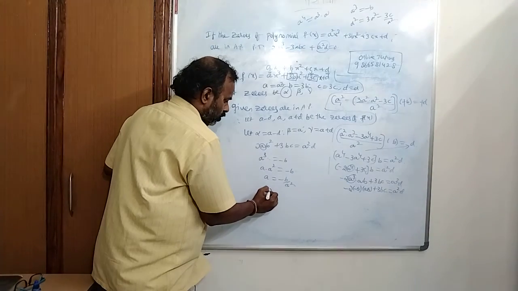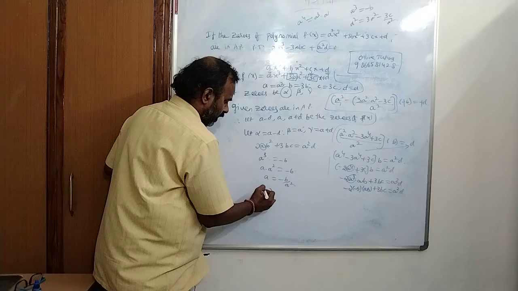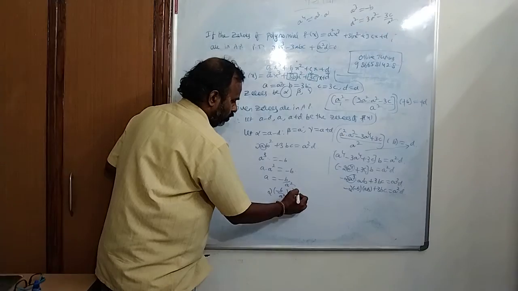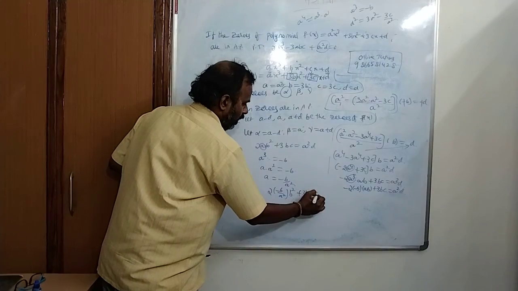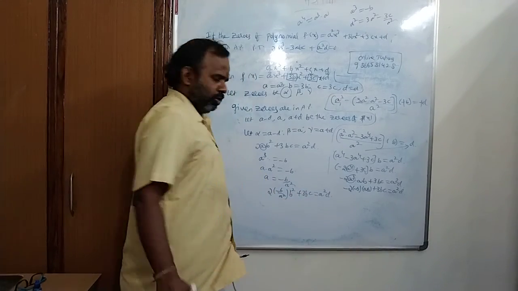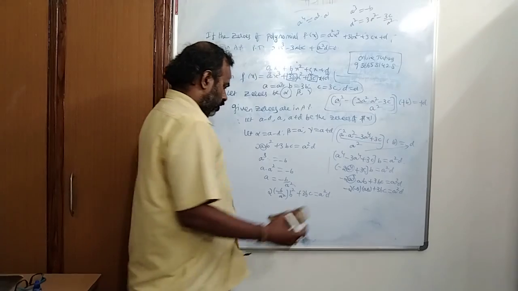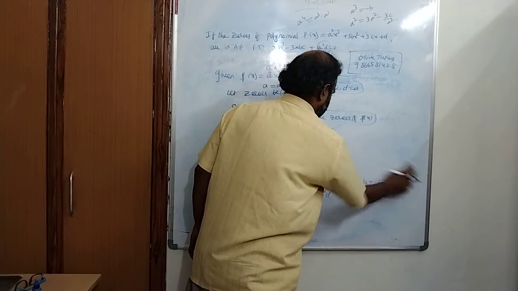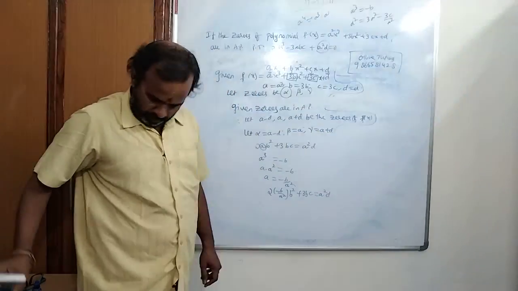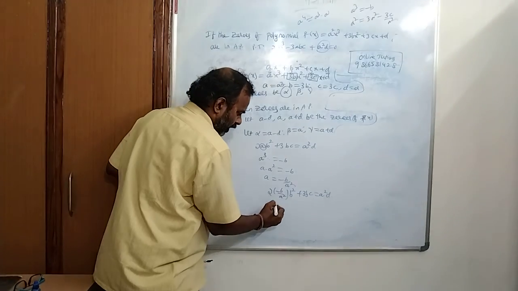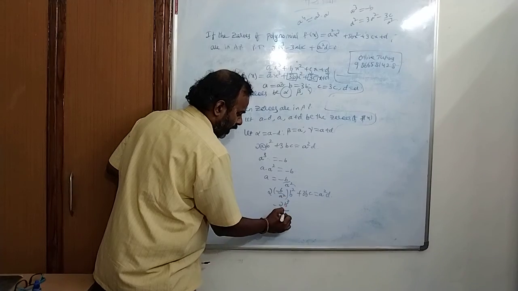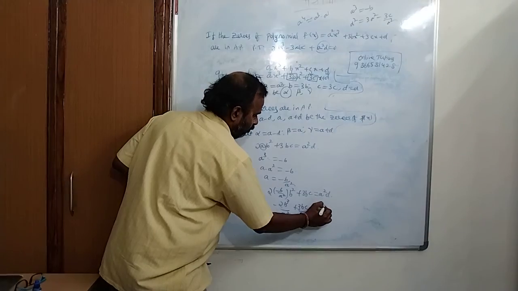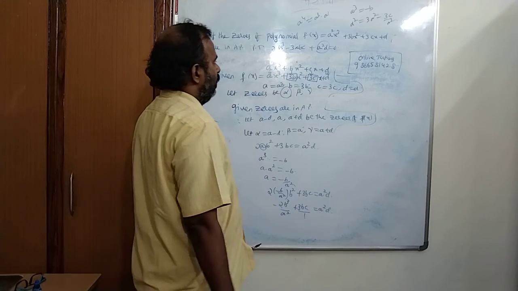So here 2 into minus b by a square into b square plus 3bc is equal to a square d. So minus 2b cube by a square plus 3bc by 1 is equal to a square d.